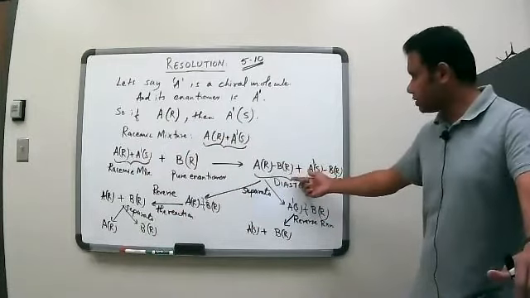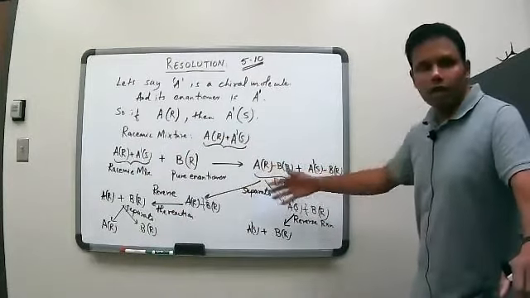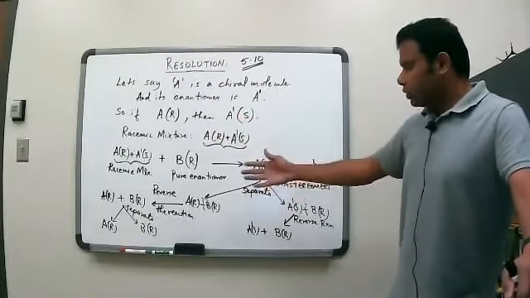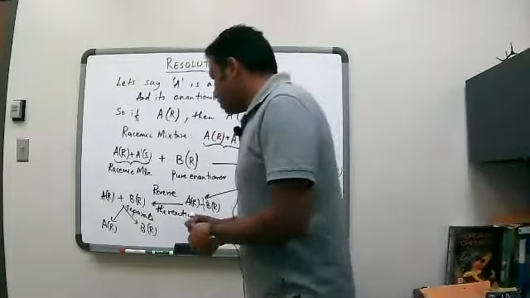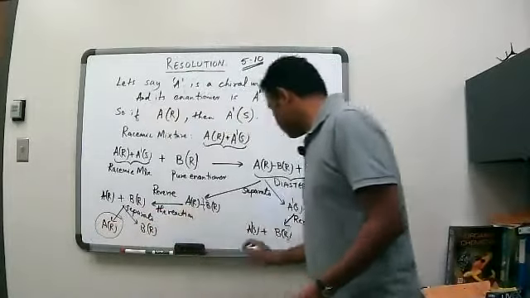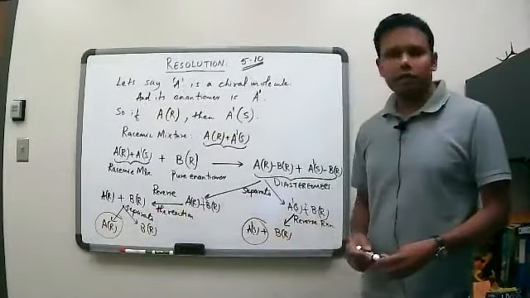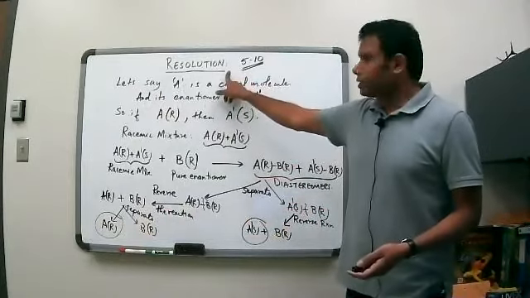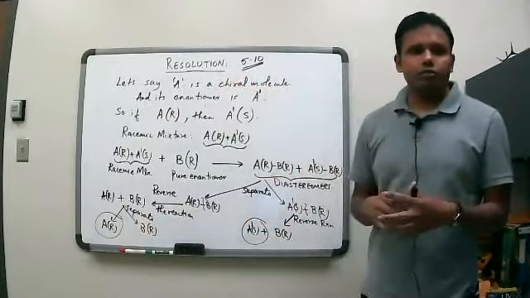We then separated the diastereomers out, and reversed the reaction that we did initially. By doing that, we are able to separate out AR from A prime S. So that is resolution, which is essentially the separation of a mixture of enantiomers.